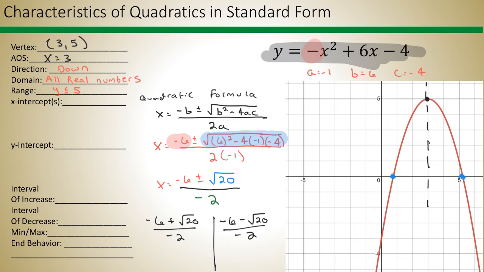So let's use our calculators real quick. Practice doing this and make sure you can get the same answer. -6 plus root 20, divide by -2, and that's going to be 0.76. Okay. The other one, -6 minus root 20, divided by -2, and that's about 5.24.